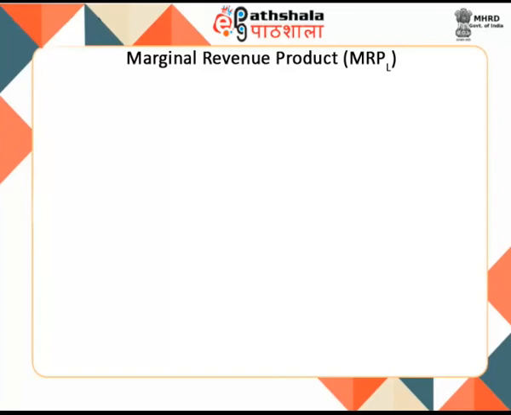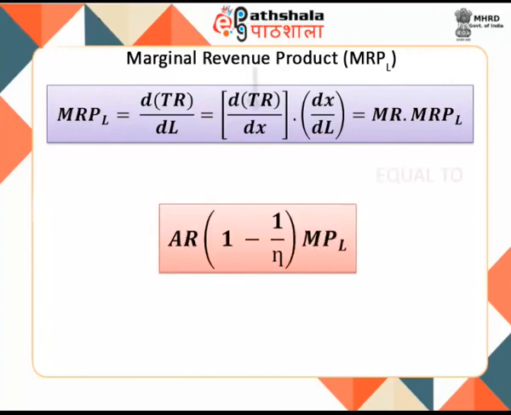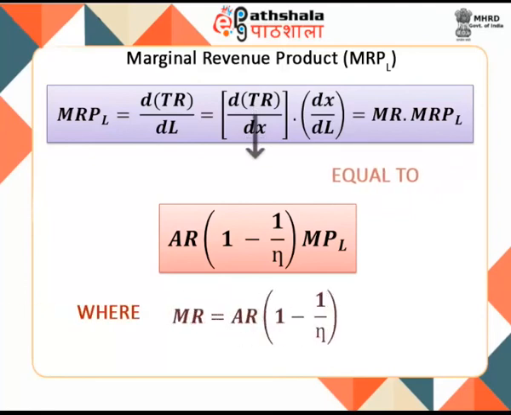Using chain rule, we can write MRPL = d(TR)/dL = d(TR)/dx · dx/dL = MR · MPL, which is further equal to AR(1 − 1/eta)·MPL, where MR = AR(1 − 1/eta).